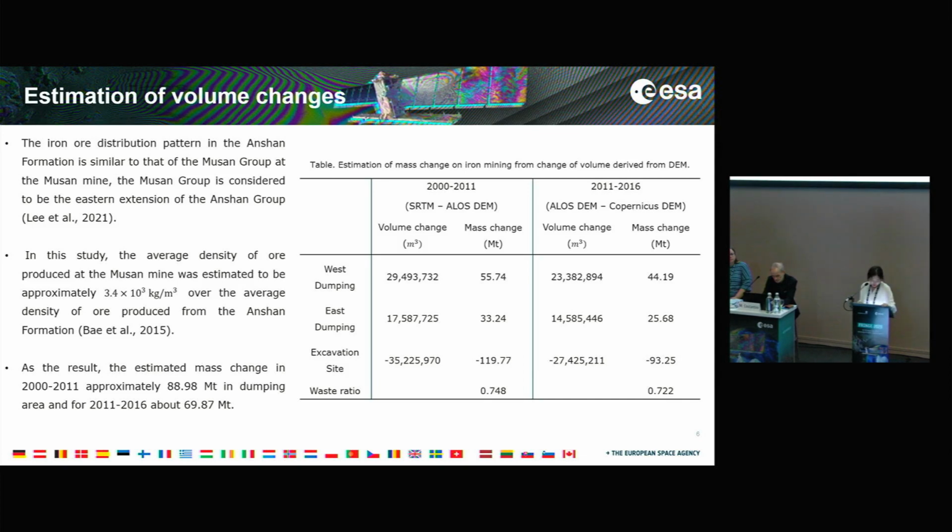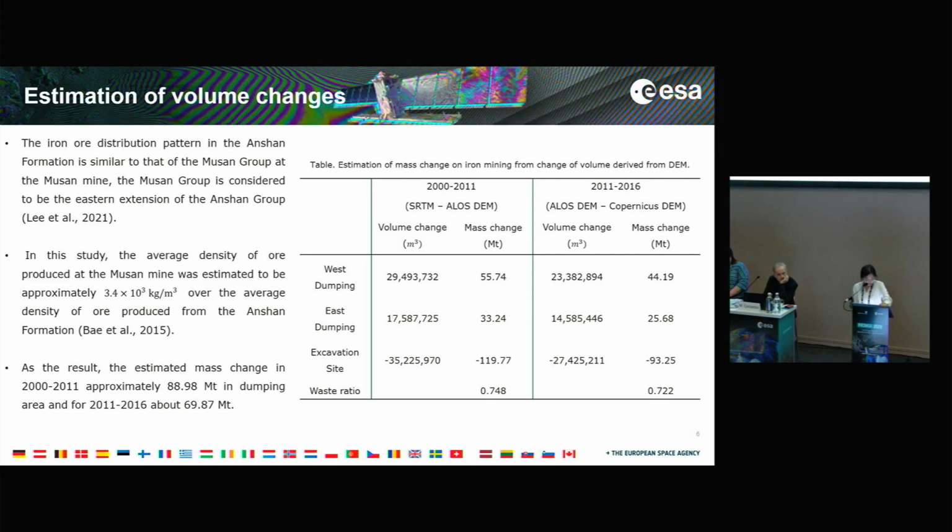In this study, the average density of ore produced at the Musan mine was estimated to be approximately 3.4 times 10 to the 3 kilograms per cubic meter, based on the average density of ore produced from the Ansan formation.